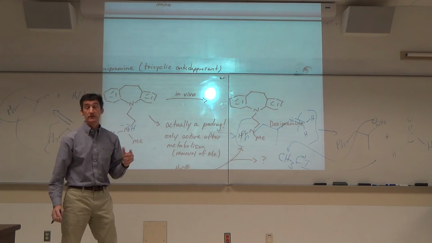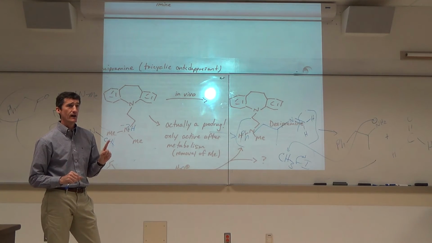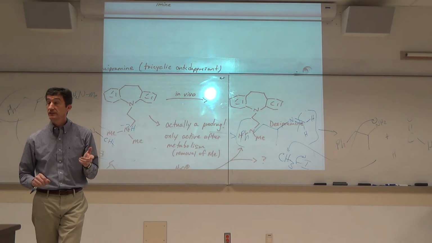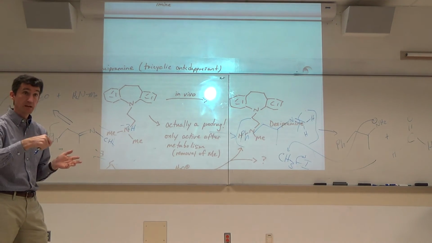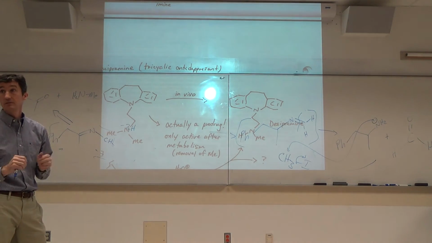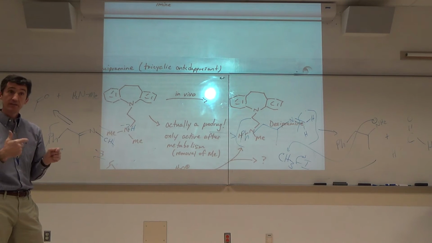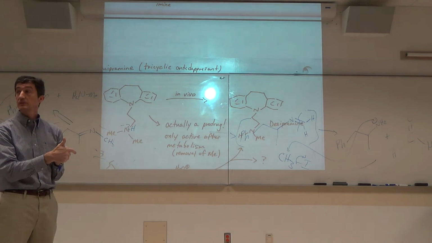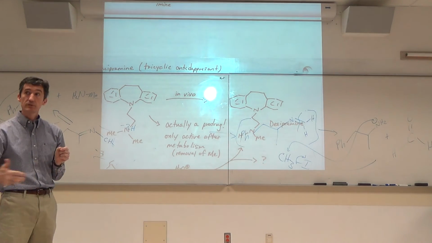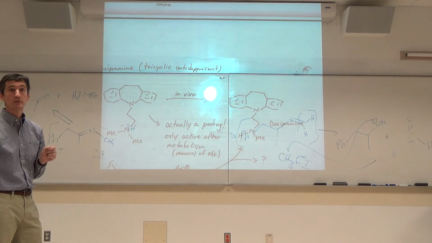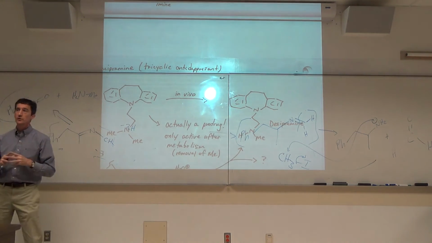For example, here's one that's maybe more relevant. There's one compound out there that is given to infants and small children, and it has to be given as a liquid, like in a spoon, but it tastes terrible. So guess what? Instead of giving that compound, they give a prodrug, which has a much better taste. When it gets into the body, it gets converted to the active form. So that's just to make it more palatable. There's lots of reasons you might use prodrugs.